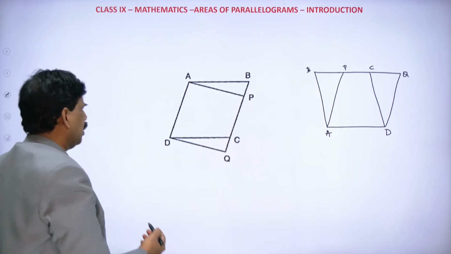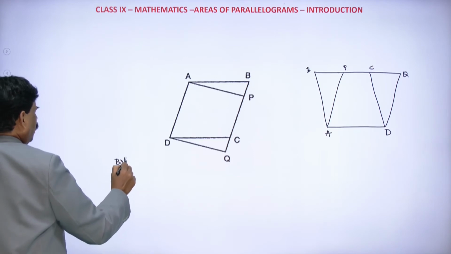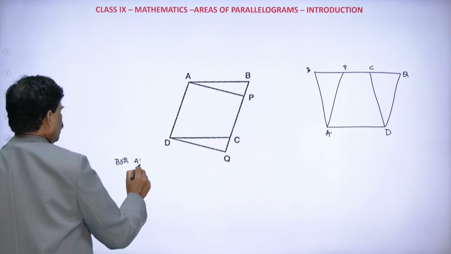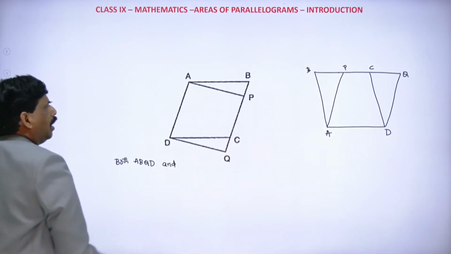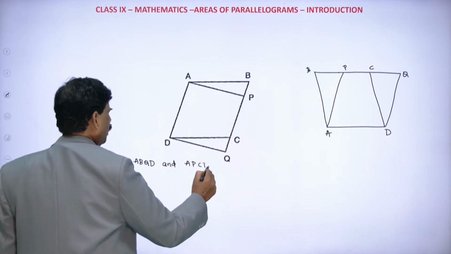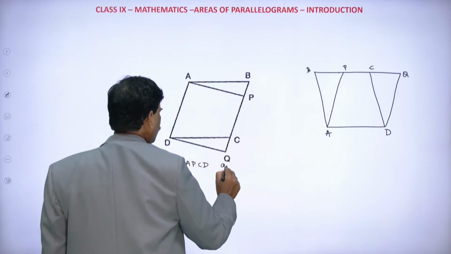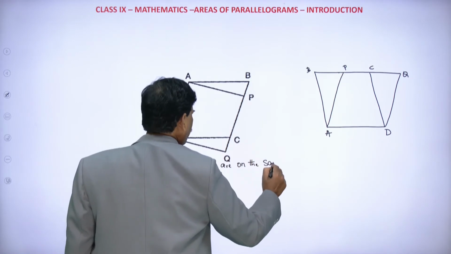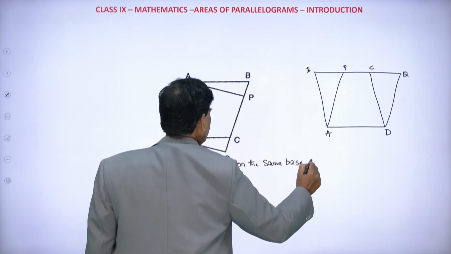Both the trapeziums, ADQB, or you can say ABQD, and another trapezium APCD. Where are they? They are on the same base. What is the common base here?